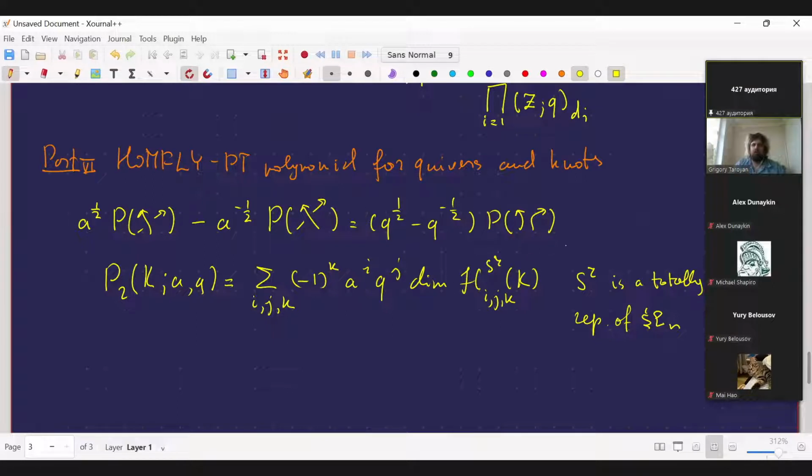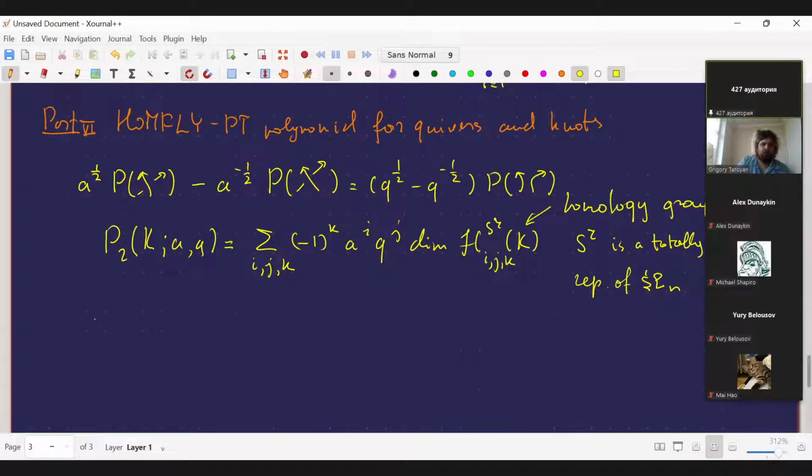So these are certain homology groups, which I will not dive into details how they are defined. But that's a categorification of this polynomial in a sense similar to Khovanov homology. Okay, so now we can assemble all these P_R into one generating series for the HOMFLY-PT polynomial.